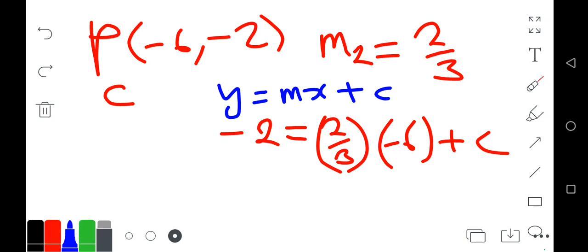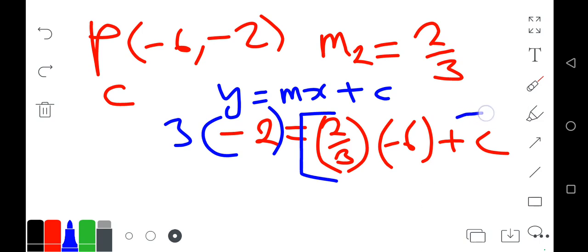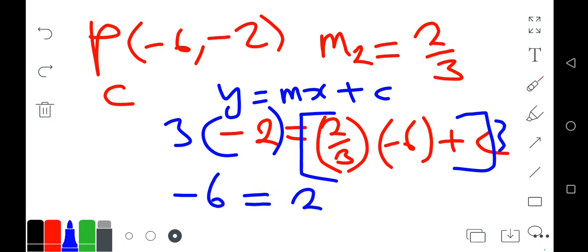Now I'm going to multiply both sides of the equation by 3 in order to get rid of the fraction. So multiplying by 3 throughout, this is going to be negative 6 is equal to negative 12 plus 3c.